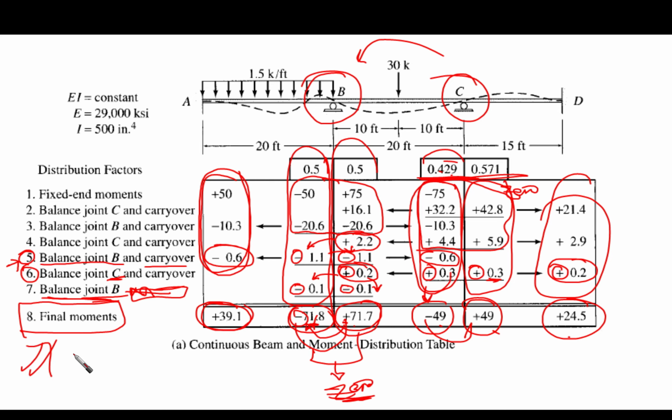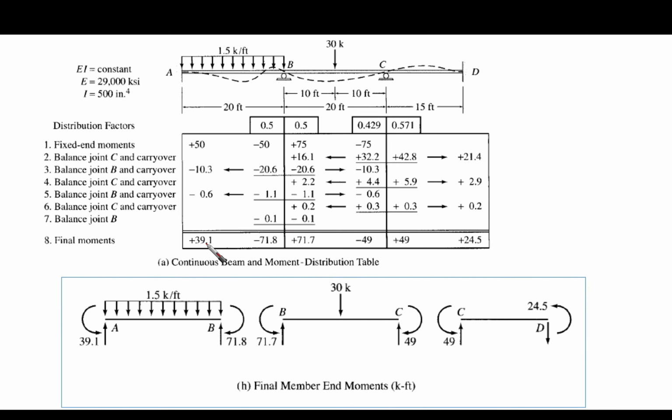Then we're going to put it here. So these are the final moments. We are going to put them in our final member end moments. We have 39.1 positive. Take care, positive means counterclockwise. It is counterclockwise here. And here it is minus 71.8. For member, we are talking about member AB. So this is moment MBA.